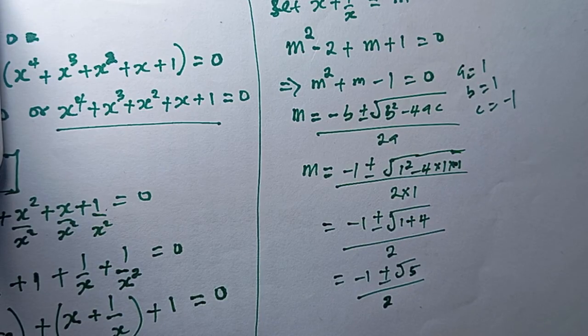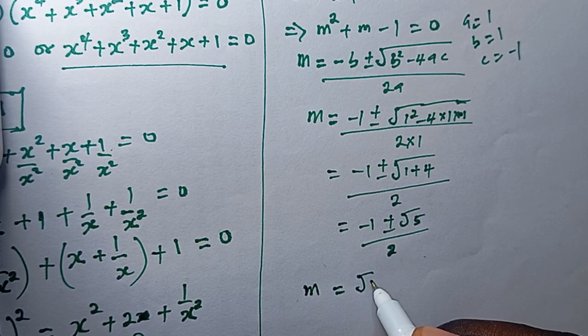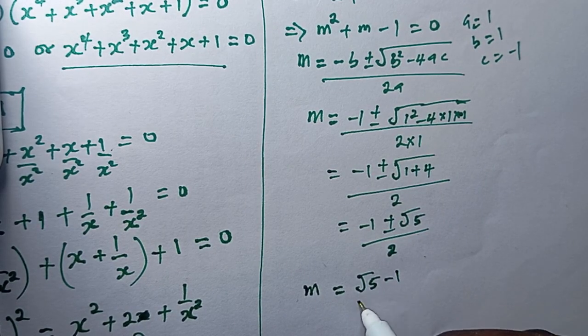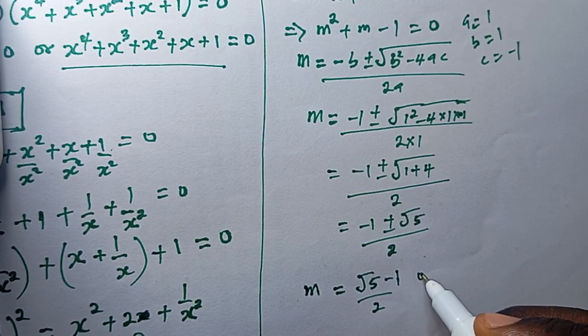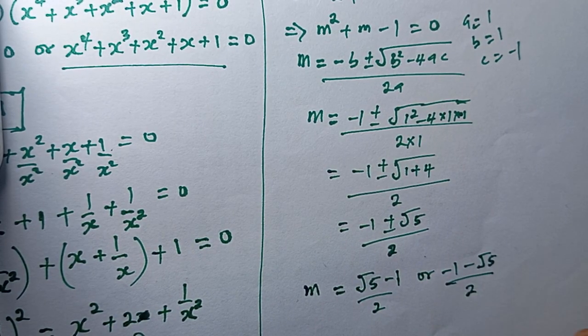Okay, so we now see that the two values of m from here will be equal to root 5 minus 1 divided by 2, or minus 1 minus root 5 divided by 2.